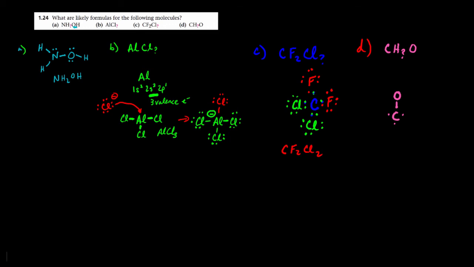It has, looking at where oxygen is on the periodic table, it has 6 valence electrons. So let's put oxygen in a different color here. So oxygen has one of its electrons in this bond, and then 2, 3, 4, 5, and then 6.